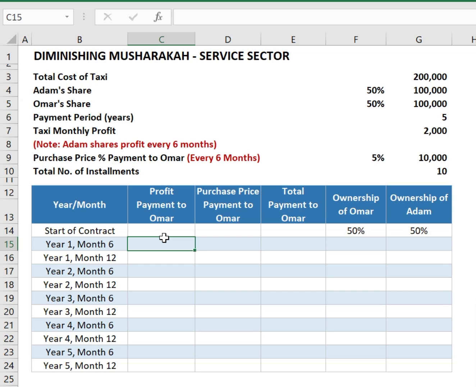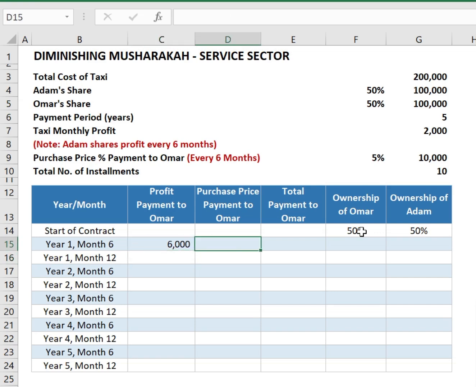In year 1, month 6, the profit payment to Omar is simply determined by multiplying the taxi monthly profit of 2,000 pesos by 6 months and by the ownership interest of Omar, which is 50%. Therefore, his share of the profit in year 1, month 6 is 6,000.